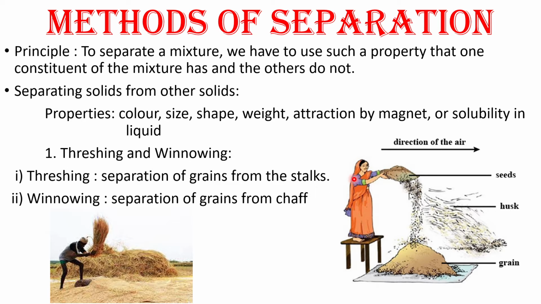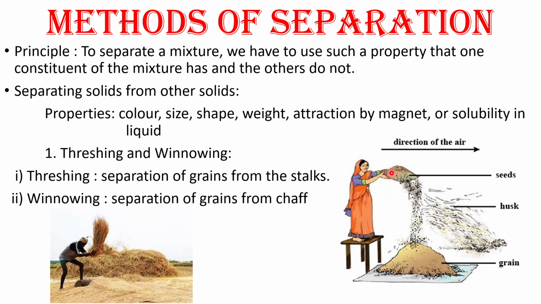I would be taking the help of air, and by the process of winnowing, I can separate grain from chaff. How come? So see here the female is taking the mixture of grains and chaff. Wind is blowing in this direction.